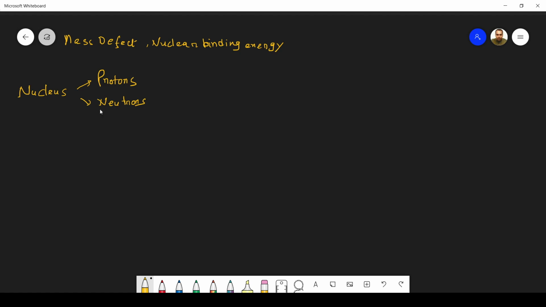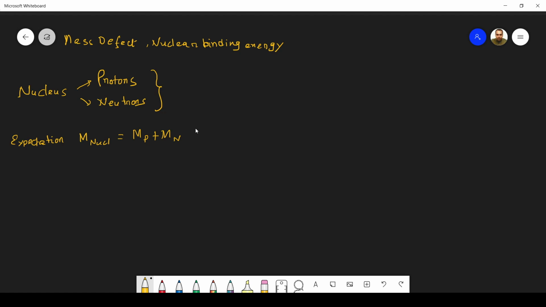Our expectation would be that the mass of a nucleus, M nuc, is equal to the mass of protons plus the mass of neutrons.